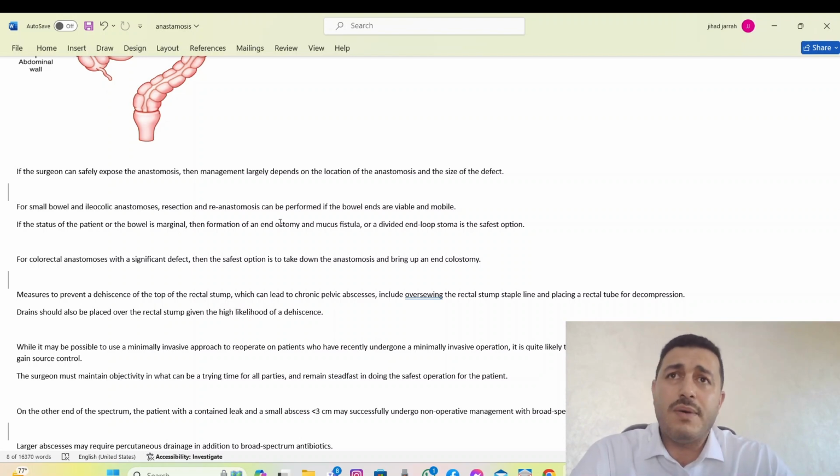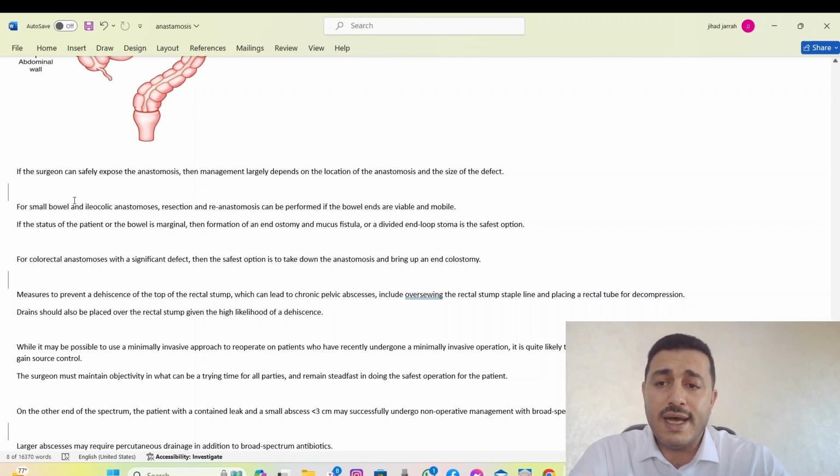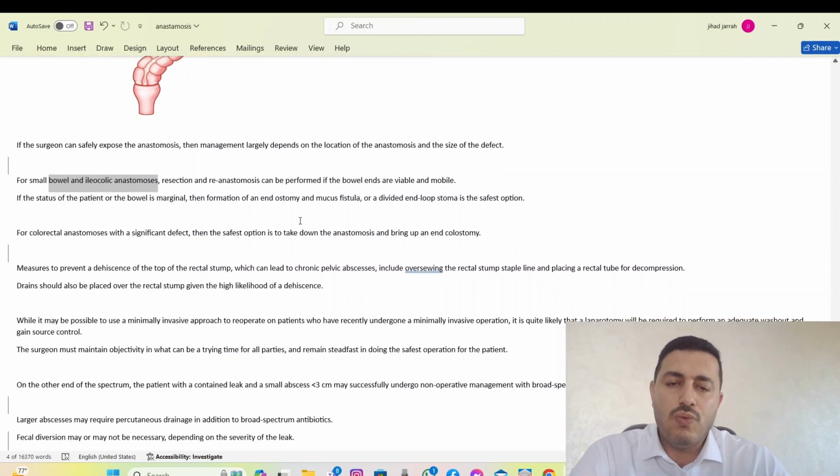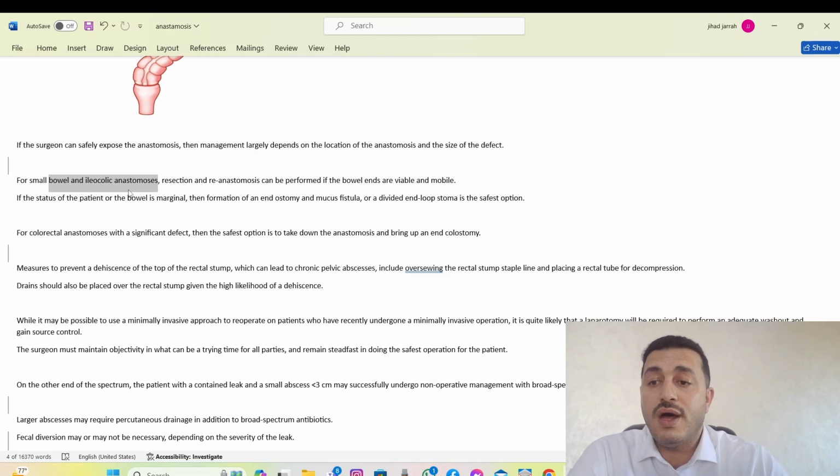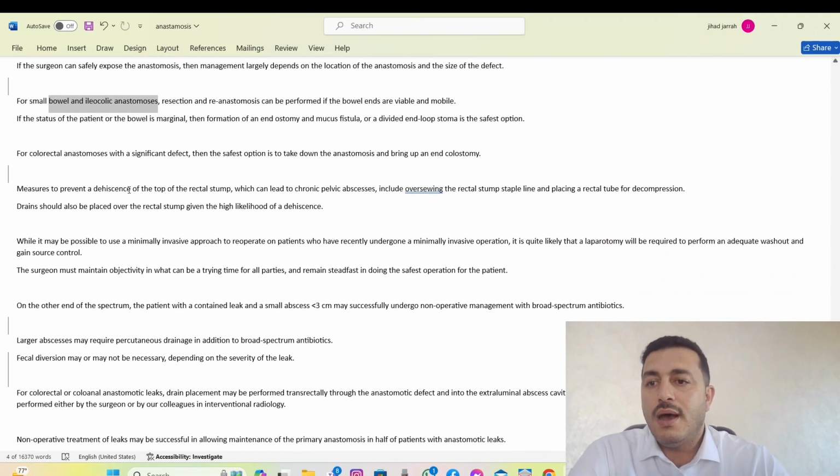So if we are talking about small bowel or ileocolic anastomosis, resection and reanastomosis is easier, with washing of the abdomen, of course. Here we should ask ourselves: is the bowel viable? Is the patient stable? Are the two segments that we will reconnect mobile without any tension? These should be asked.